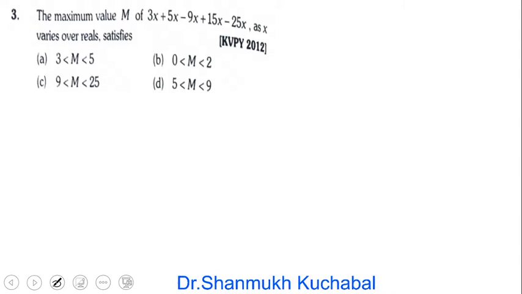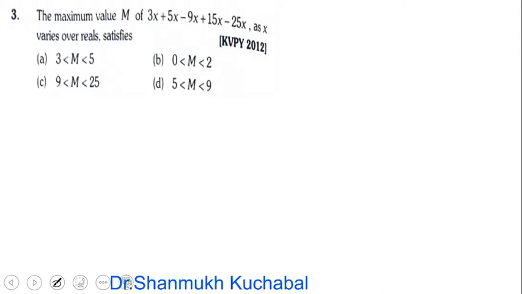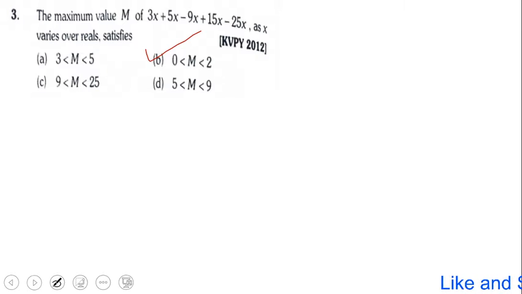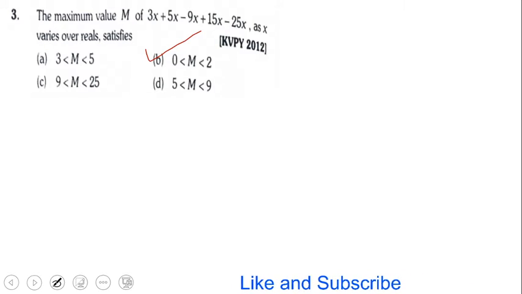So clearly looking at the options, we can say that the maximum value will be 1 here, and the minimum value is 0, therefore option B is the right answer. It is less than 2 means the maximum value will become 1, the minimum is greater than 0 here, so option B is the right answer.